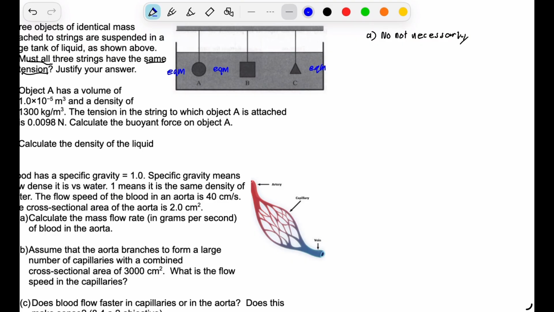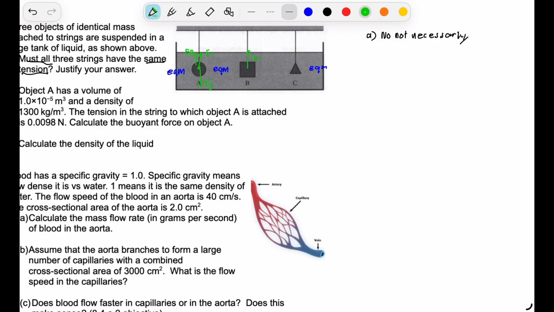So that means that the upward forces must balance the downward forces. If we draw the FBD, we have an upward force of tension, and a downward force of gravity, but we also have an upward force of buoyancy that's pushing the object up.